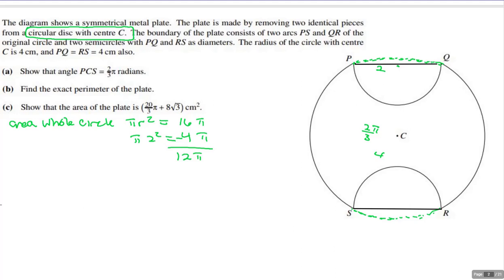Yeah. And we've just taken away this half circle and this half circle. But this part up here is still part of the whole circle. We've got to find a way to take it away. Does that make sense? Yeah.